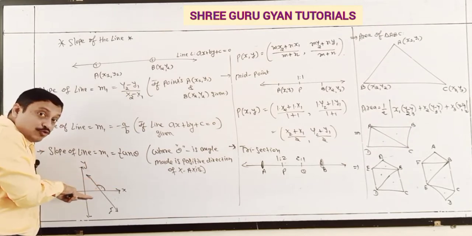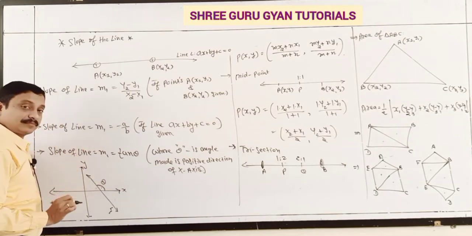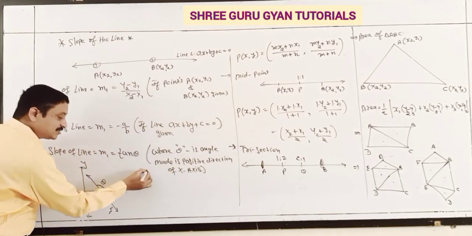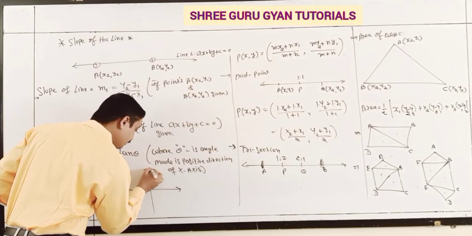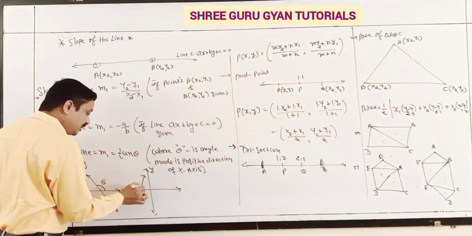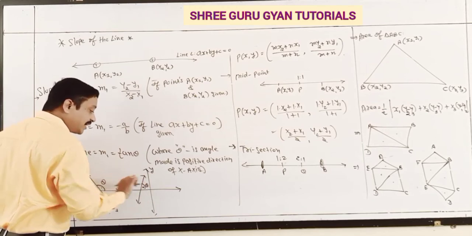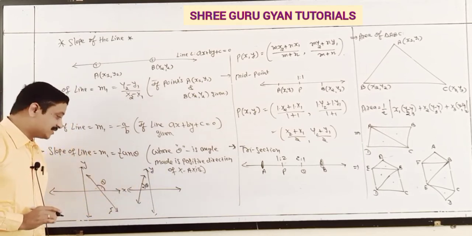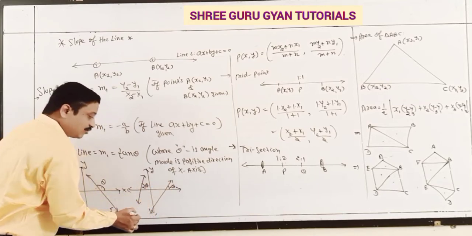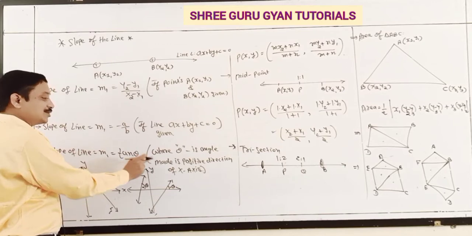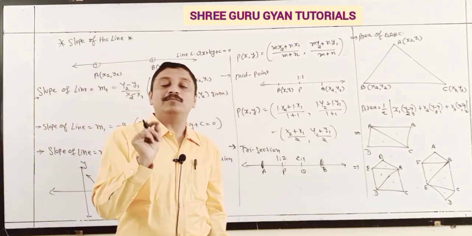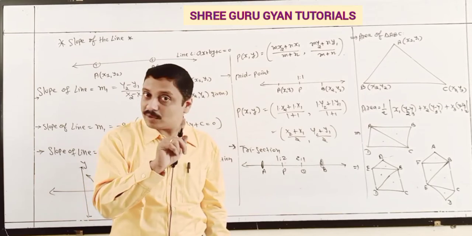This is the right side of the x-axis, that is angle theta, what I am calling the positive direction of the x-axis. Sometimes the drawing is given in this way, just like this one, and again you take this as the positive direction of the x-axis, correct? Sometimes this is given, so you can take this one as the positive direction of the x-axis, and that is the slope of the line. You apply tan theta for theta, the angle from the positive direction of the x-axis, not the y-axis.